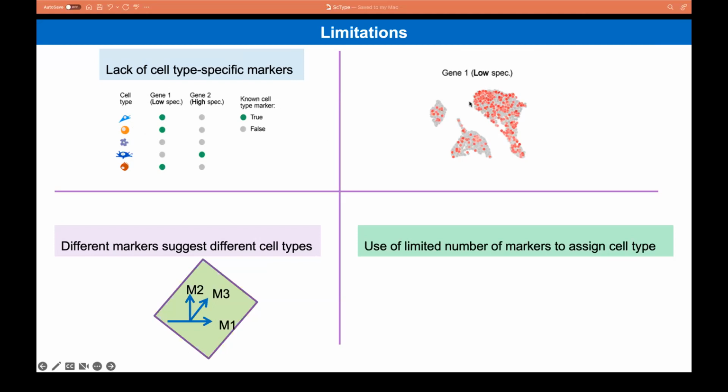And similarly, a marker may not show the cluster specificity which we desire, that if it expresses in only one cluster, then we can say that this cluster belongs to this particular cell type. But usually we see cases where our marker is not expressed in only one cluster, but across multiple clusters.